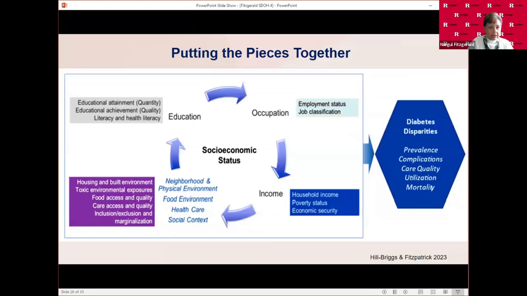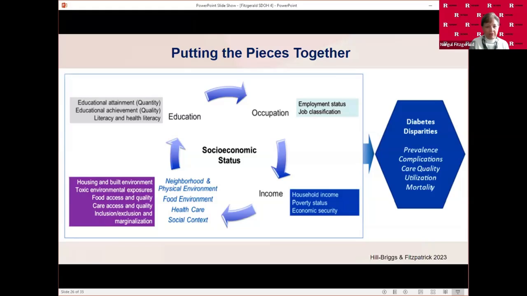And I think, so we talked a lot about social determinants of health. So this is kind of putting the pieces together. And again, I want to refer you all to the paper published by Hill, Briggs, and Fitzpatrick in 2023.